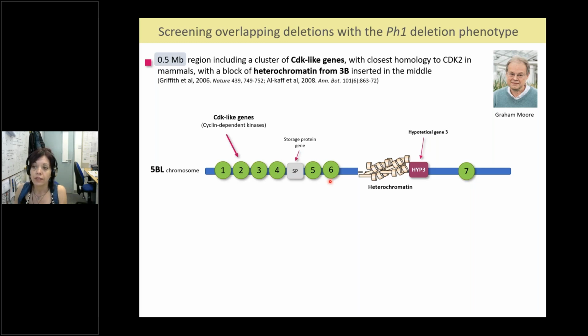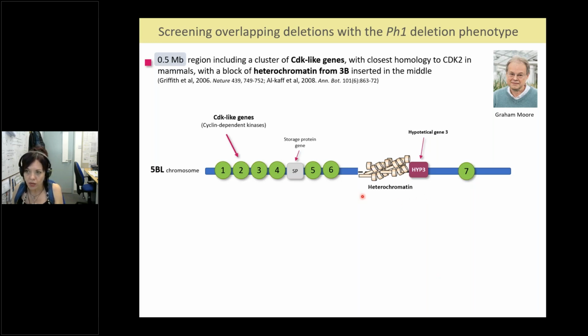In 2006, Graham Moore's group defined the locus to a 2.5 megabase region and later to a 0.5 megabase region, which included 9 genes. In green, a cluster of CDK-like genes, which show closest homology to CDK2 in mammals. In gray, a gene identified at that moment as a storage protein gene. And in magenta, an unidentified gene that was named Hype3, for hypothetical gene 3.